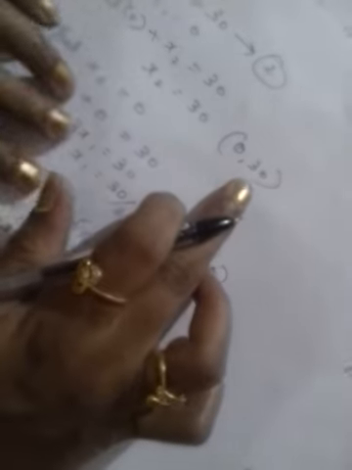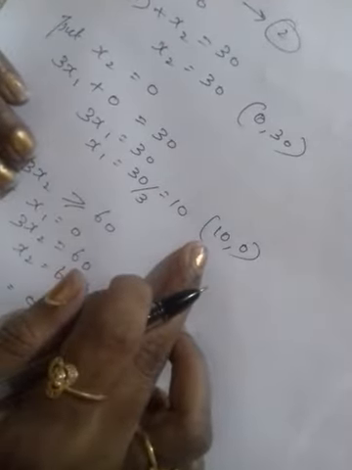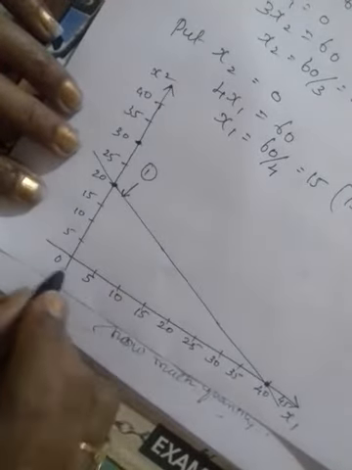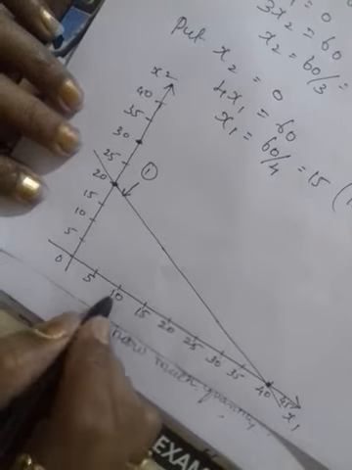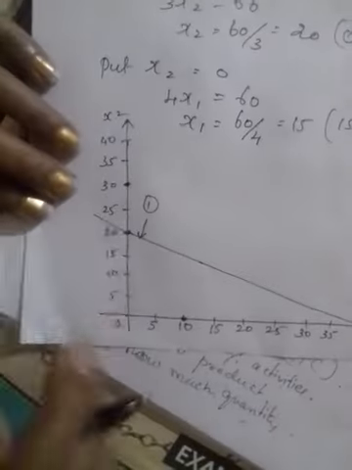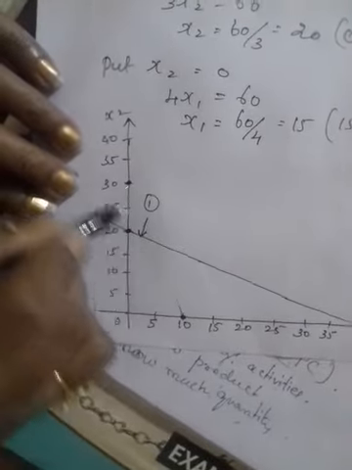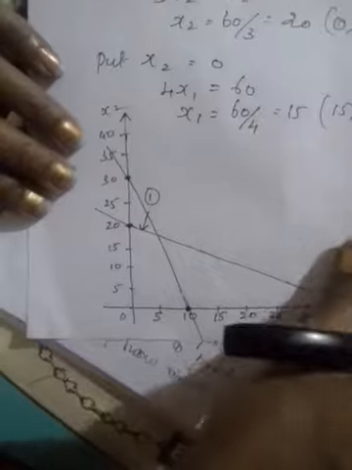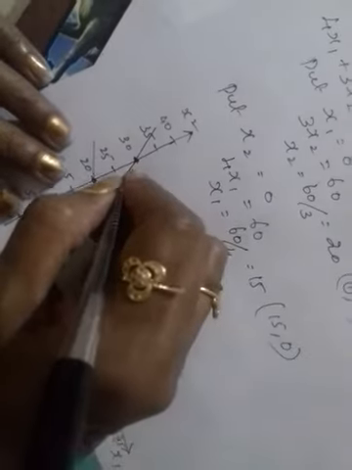Now equation 2: 0 comma 30 and 10 comma 0. These two points we have to join. This is equation 2.